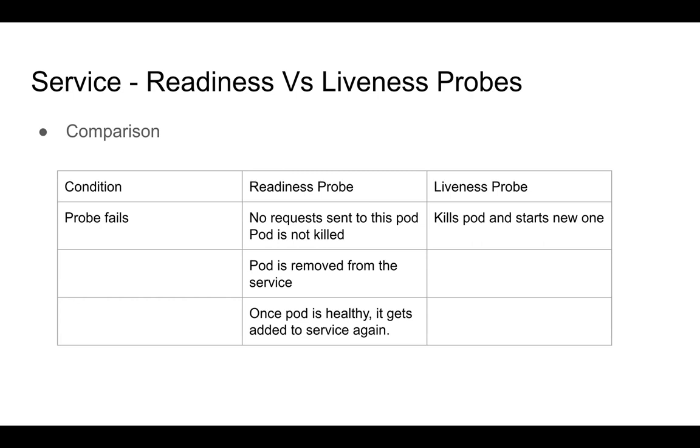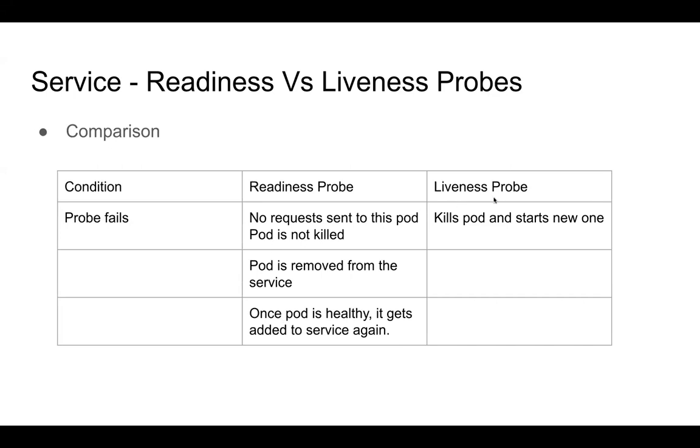For any REST endpoint you expose, there's a limit on the number of connections you can accept. One possibility is that those connections get exhausted, so it's not ready. At that time it will be taken out of the service, but once connections are available in the pod again, it will get added back to the service.